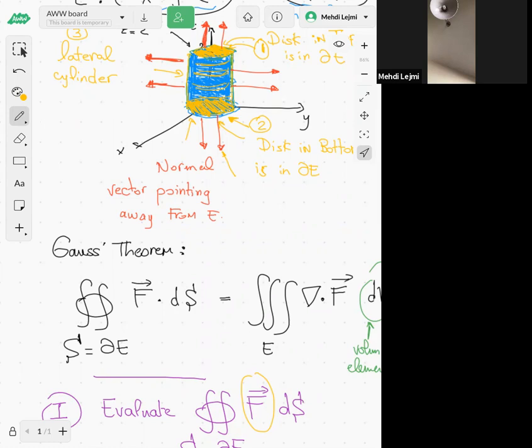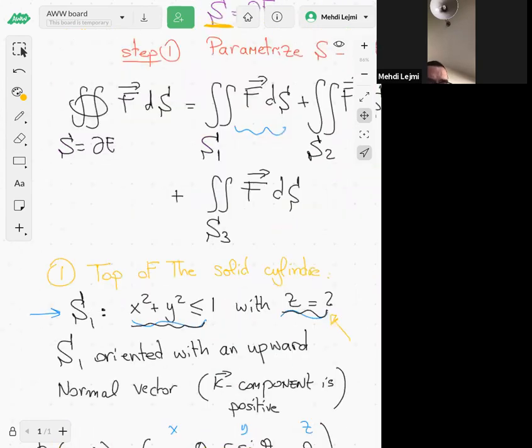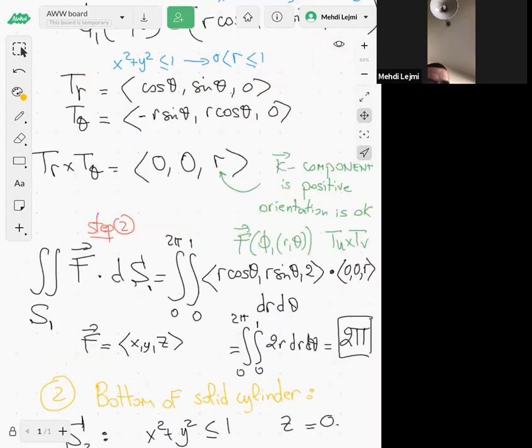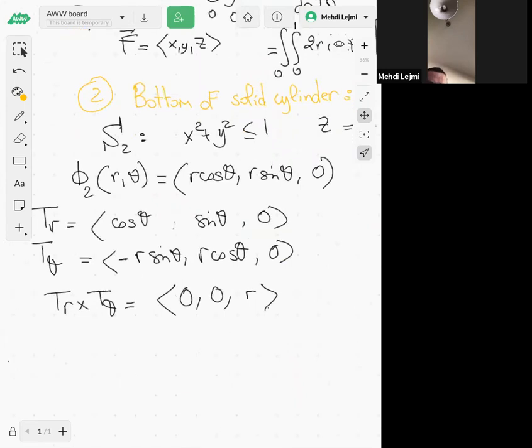But the normal vector we get with this parameterization has a positive k component.